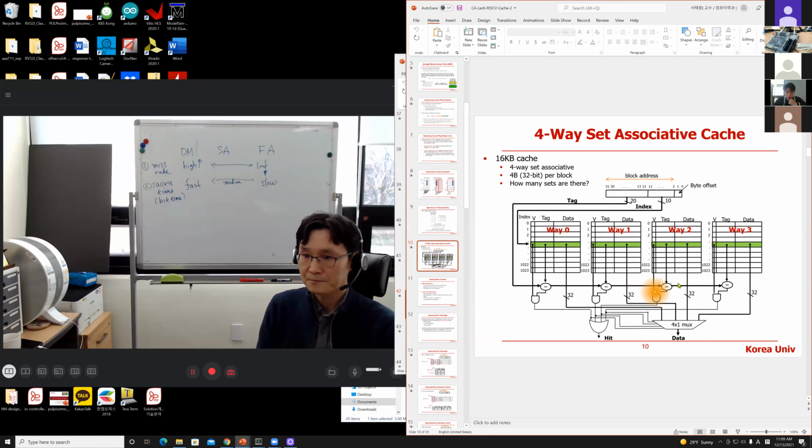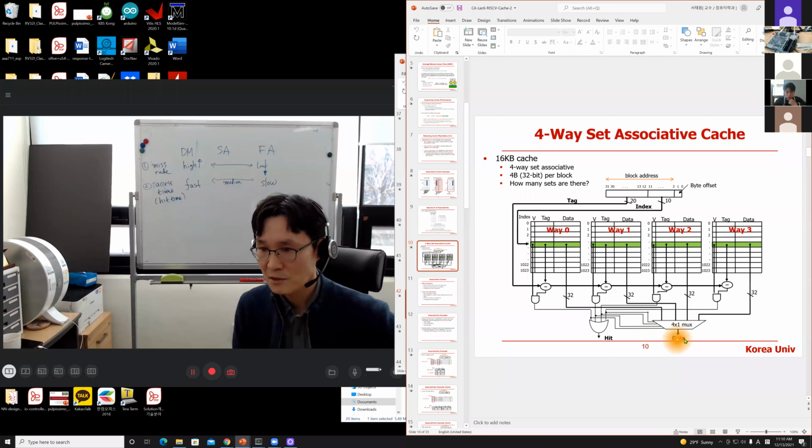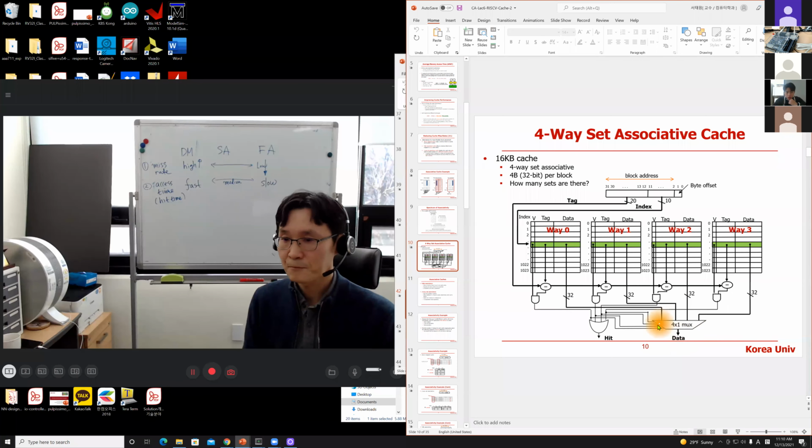One of the cache entries contains the information you are looking for, then we have a cache hit. Then you have to go through this multiplexer. Among these four data, you have to select one. The selection signal can use hit information. So you have to go through this big multiplexer.